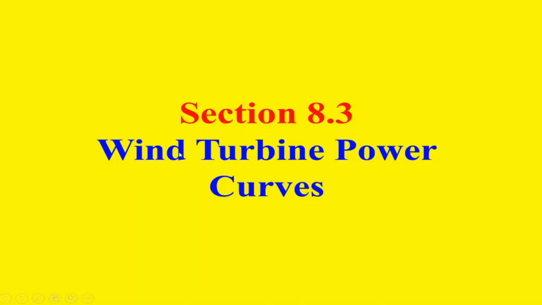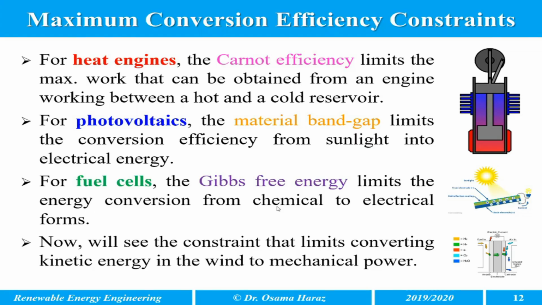In this section, we're going to talk about the wind turbine power curves. We start with the Betz limit. For the heat engines, the Carnot efficiency limits the maximum work that can be obtained from an engine working between the hot and cold reservoir.